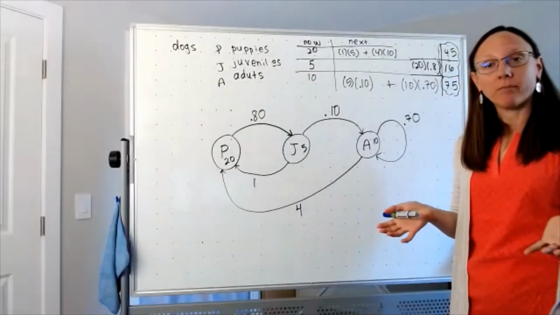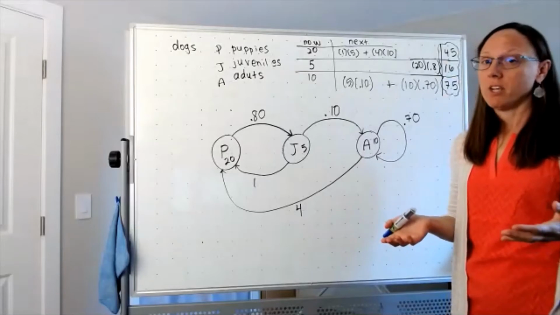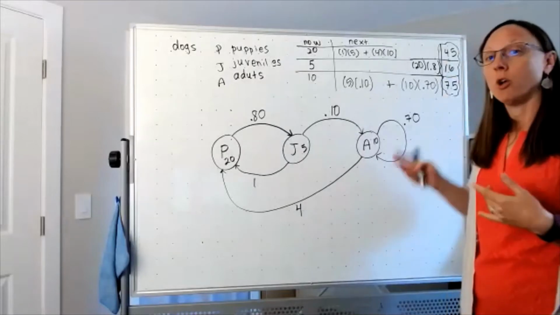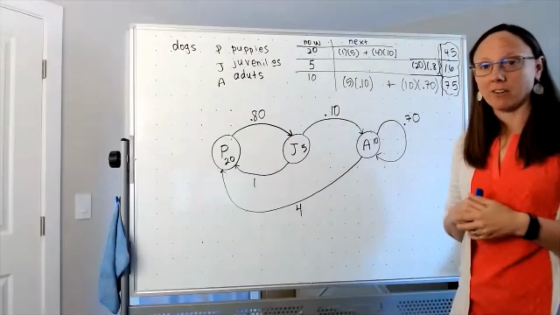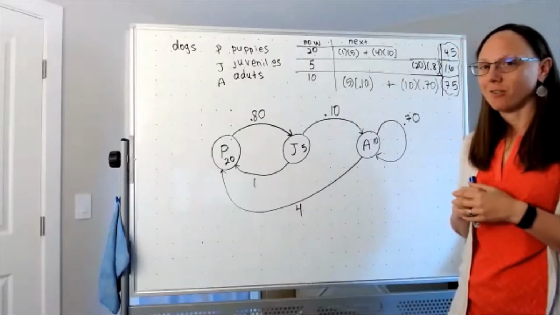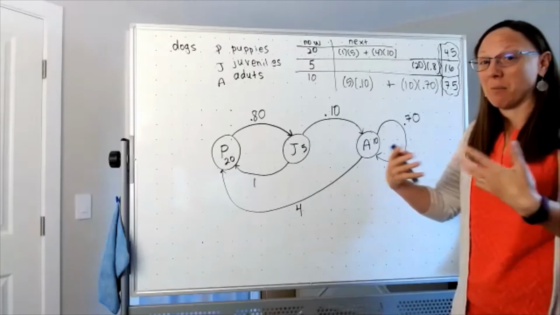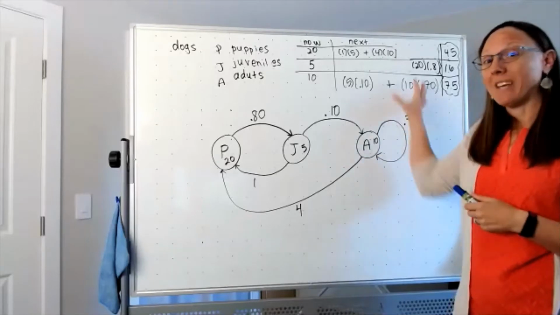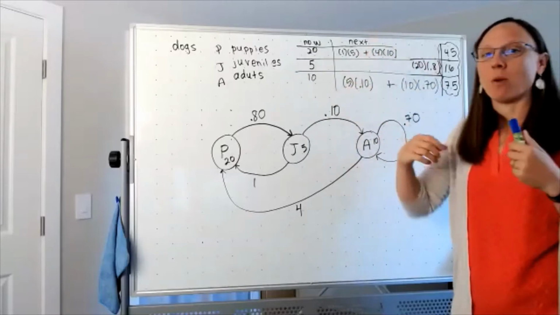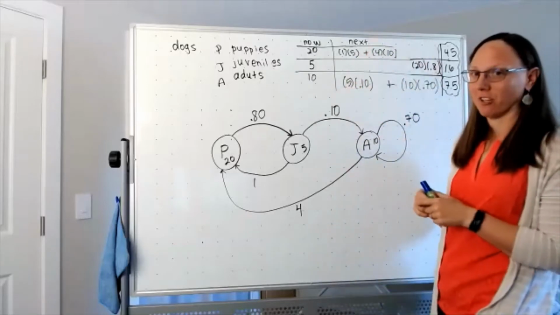Well, you might imagine that biologists wouldn't just like to know what the population dynamics look like after a single breeding cycle, but they might like to know what happens after many, many, many breeding cycles. And the cool thing is we can take this and represent it as matrix multiplication.